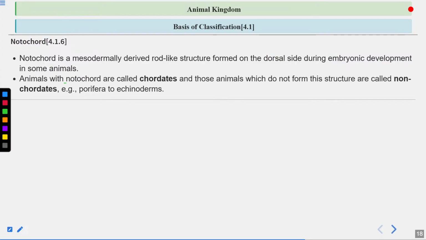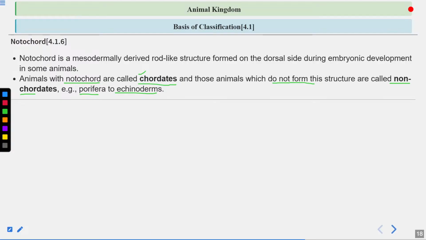Animals with a notochord are called chordates, and animals that do not form this structure are non-chordates. From Porifera to echinoderms, no notochord is present: Porifera, Coelenterata, Platyhelminthes, Aschelminthes, Annelida, Arthropoda, Mollusca, Echinodermata.